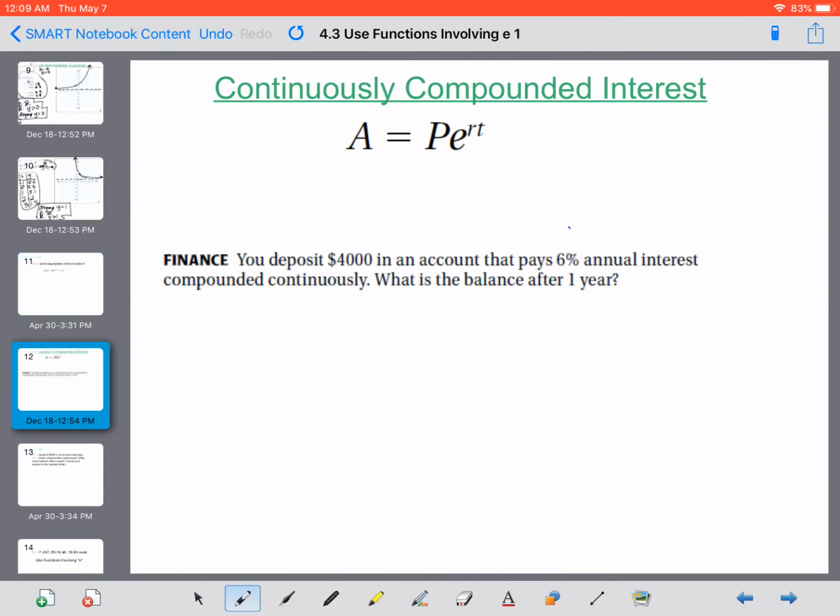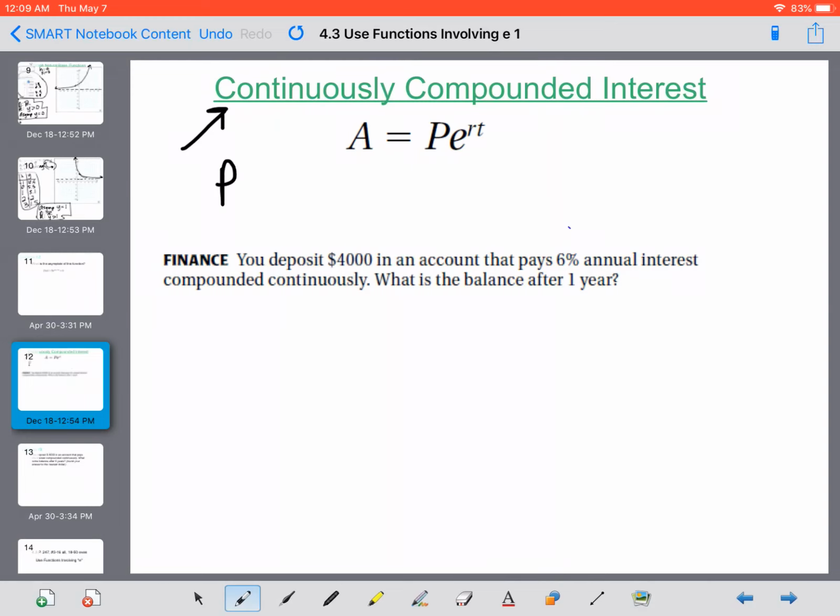So your equation for continuously compounded interest is A equals P times E raised to the RT power. The key for using this equation is if it says it's compounded continuously. So when you read the word problem, that's one of your key words. If it's compounded monthly, daily, weekly, then you use the compound interest formula that we did in 4.1. If it's continuously compounded, we're going to use this one.